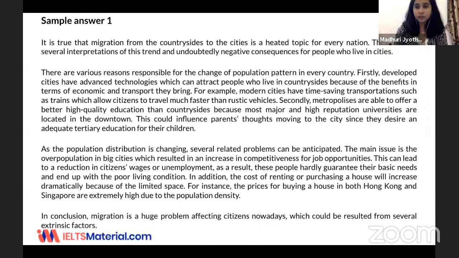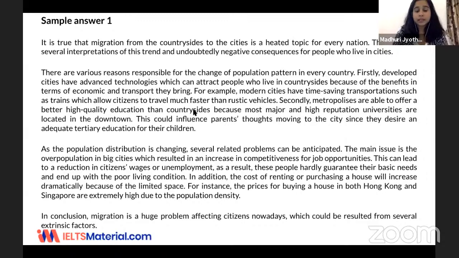And then there is a paraphrasing of the sentence. Then there is the next paragraph, which is a body paragraph, where they are talking about the reasons why people are moving from rural areas to the cities. Remember to make sure that you give examples for everything.